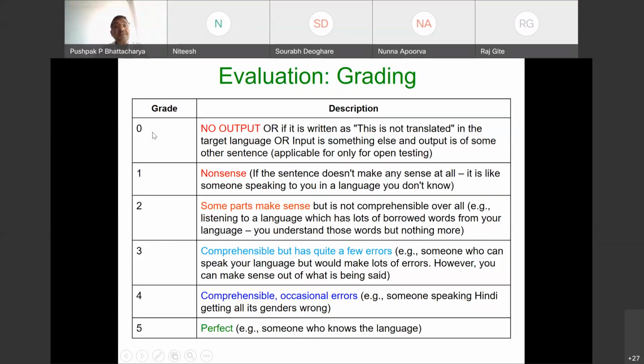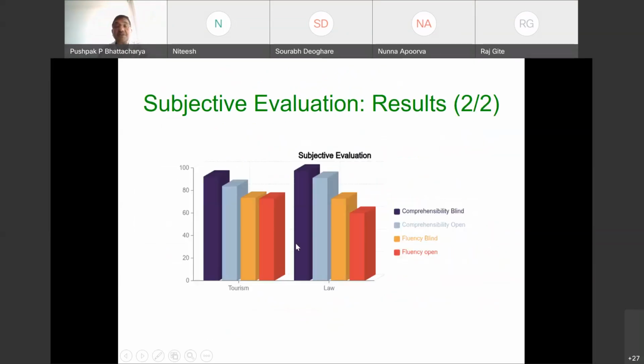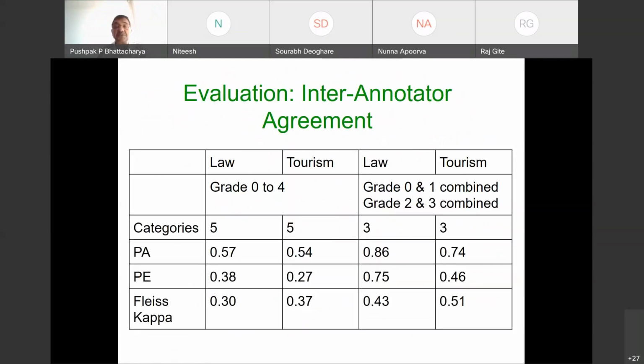So we decided to merge 0 and 1 and 2 and 3, and then see what happens to the Fleiss' Kappa score. 4 and 5, of course, were not touched. So there we saw that the Fleiss' Kappa score increased as per expectation, increased from 0.3 to 0.43 in law and 0.37 to 0.51 in tourism.